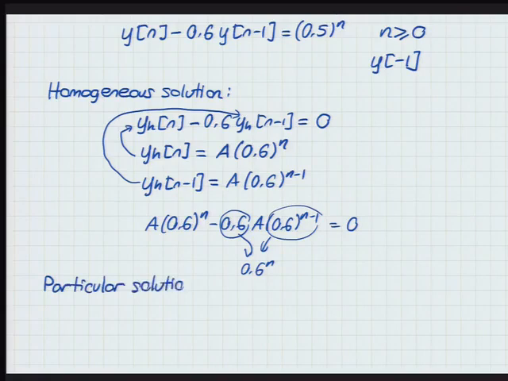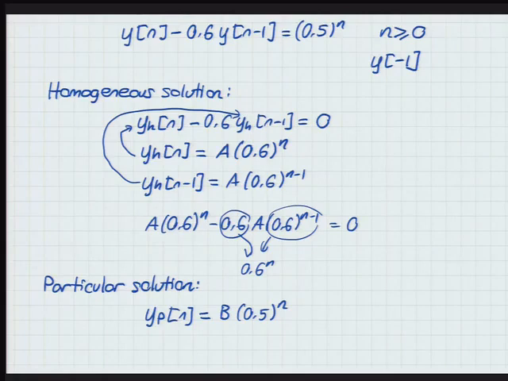For a difference equation of this form, you basically look for a solution that looks just like the forcing function. Some coefficient times 0.5 to the power n. And ask yourself, what should b be so that the difference equation actually works with this particular solution?